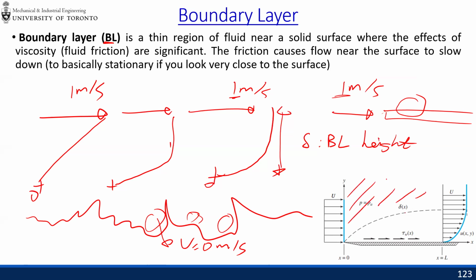If you move far away, inviscid. And then if you move closer to the wall, viscous. And you can tell it's a function of x, basically how far you have traveled.